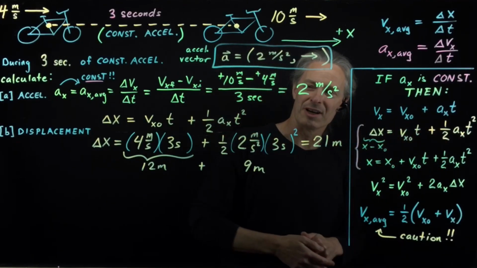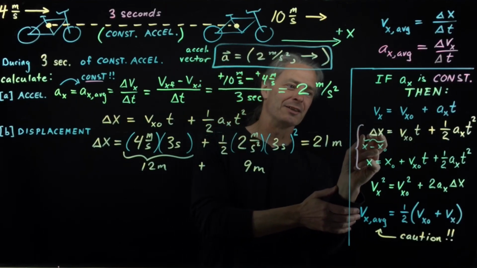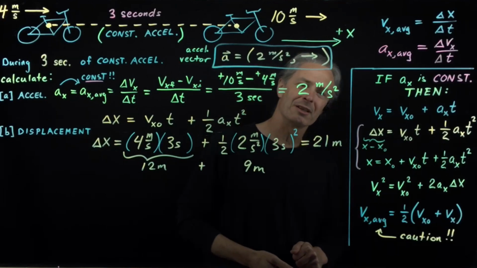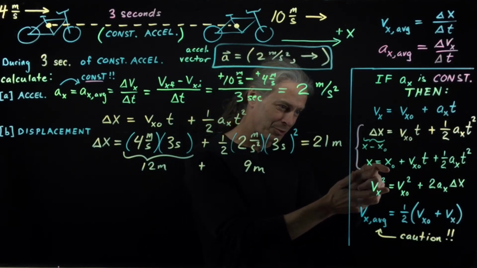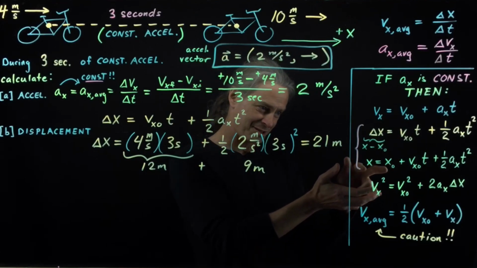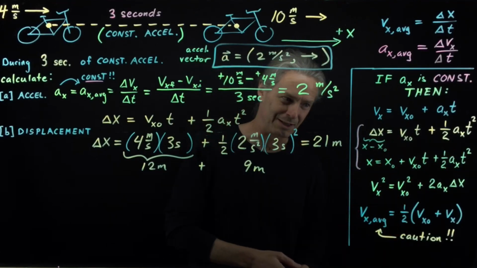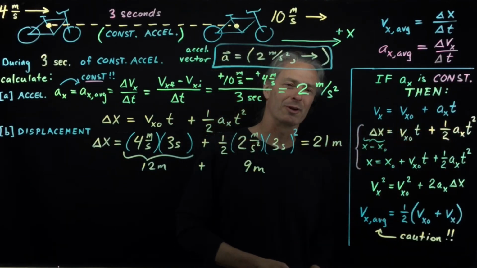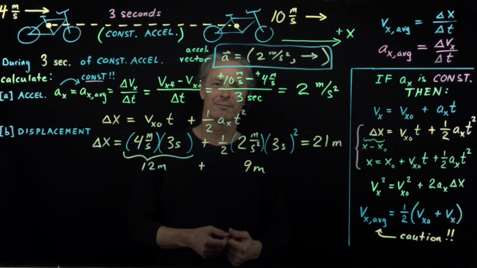This top form of the equation is really convenient if you're trying to find the x component of the displacement. The bottom form is really convenient if you're given an initial x location and want to find a final x location, or if you're given these locations and you want to find something else. So sometimes this form is more convenient, other times this form is more convenient, but they're really the same equation.